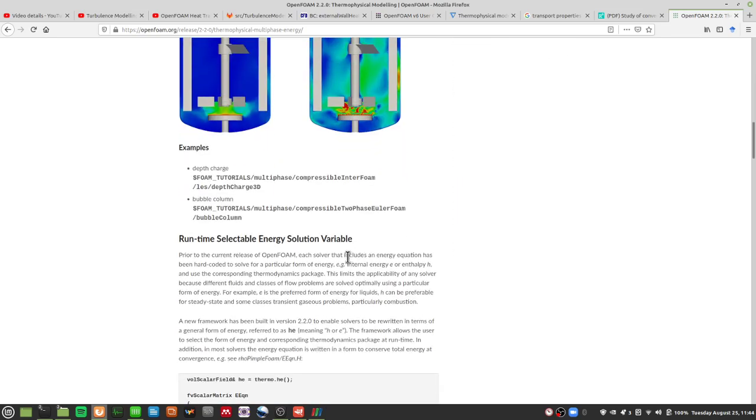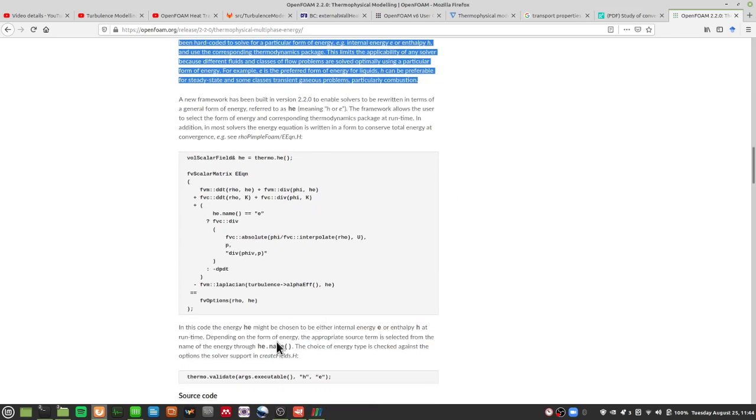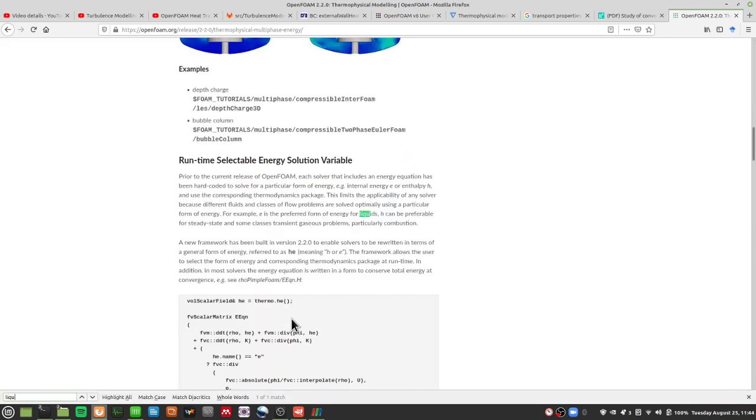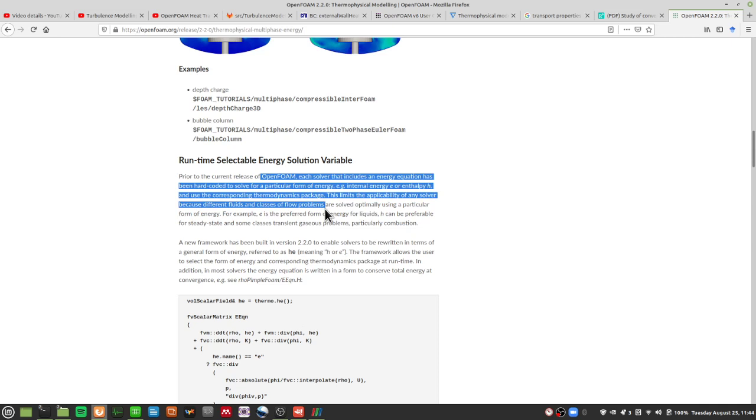Where is it? he. Alright, so over here we see there's a runtime selectable energy solution variable.